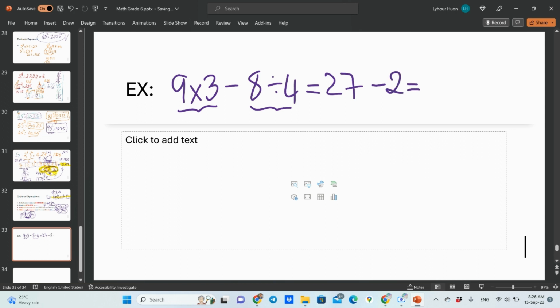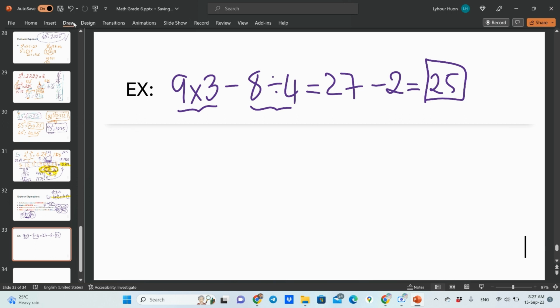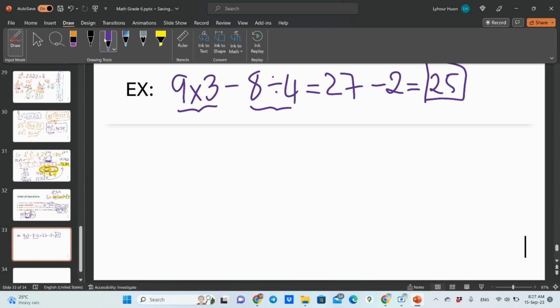The result will be 25. So this is the correct answer. Let's start from the easy ones and then go harder.